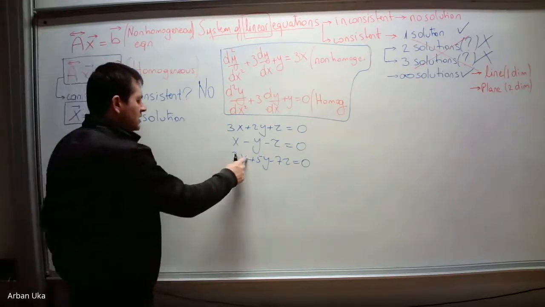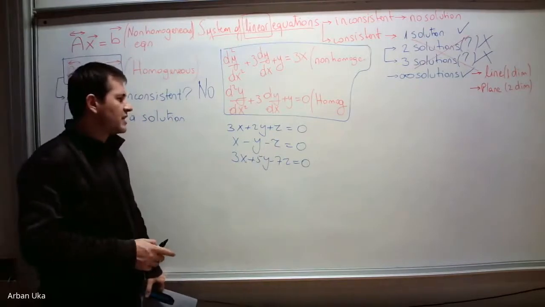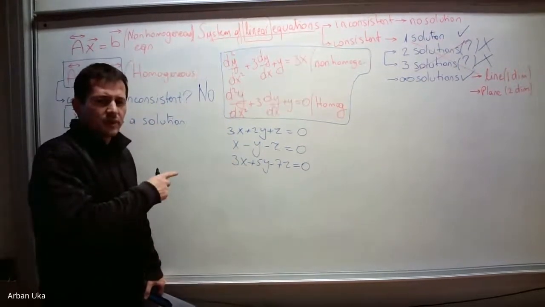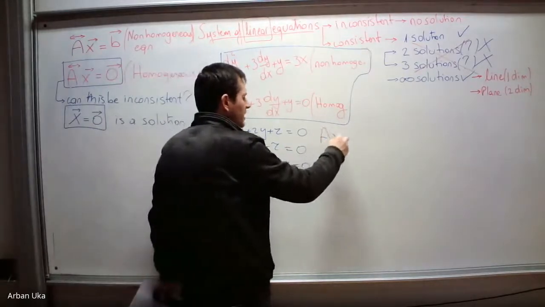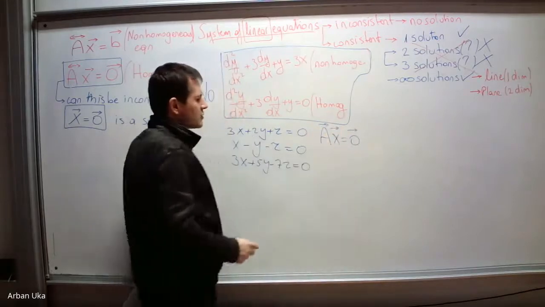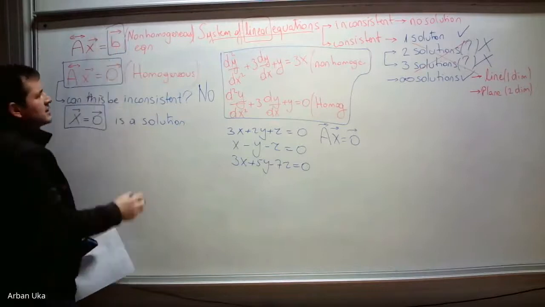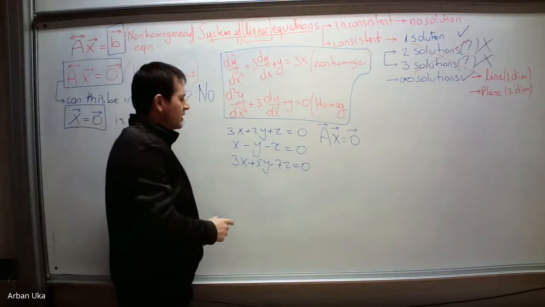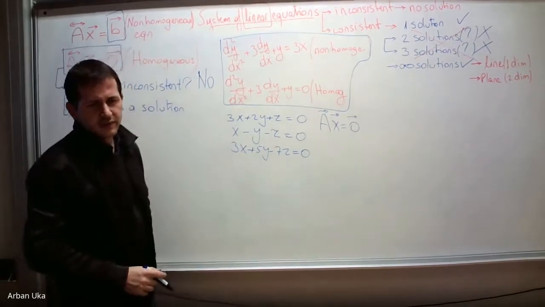So what is this system of linear equations? This is a homogeneous system of equations. Why? Because we can write this as Ax equal to 0. The b vector that we observe here is b equal to 0, 0, 0. So what is one trivial solution?